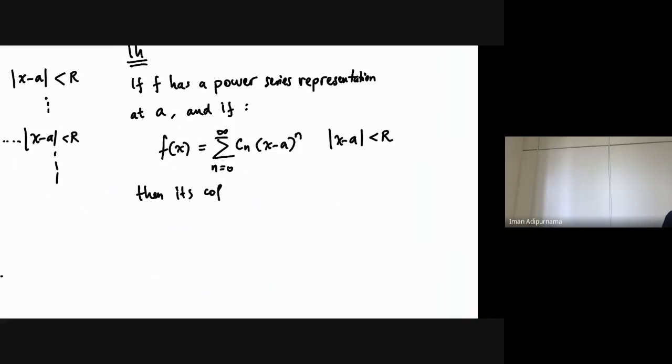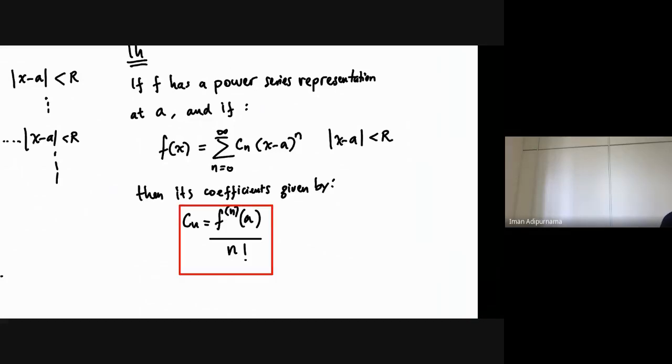This is just what we have done before, but I'm writing the official definition.